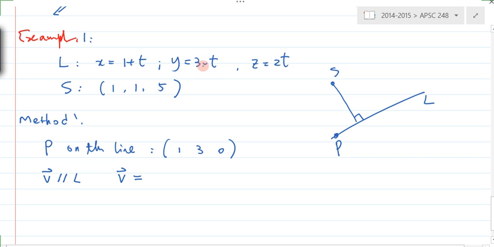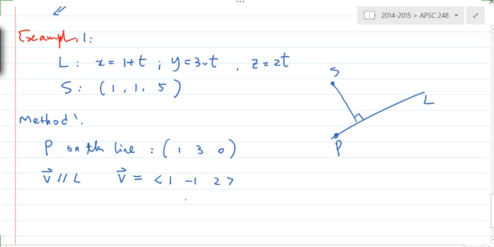Yeah, don't forget the negative. Okay? So, if somebody insists the V is actually (2, -2, 4), should I argue about that? No. Because why? Because this is only a difference of scale, right? Yeah. Okay?